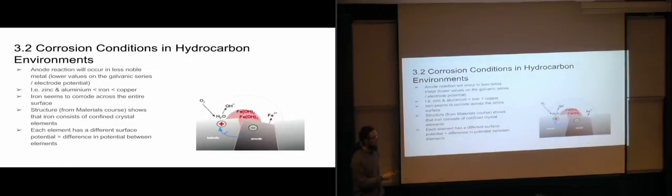So this means that each of the crystal elements inside the iron will have different galvanic series values, and we are going to have a reaction going on between them. So this happens all across the entire surface to all of the crystal elements there. And the crystal elements are small enough that we can't really see them without using a microscope, which means that to our naked eye it looks like the entire surface has rusted.